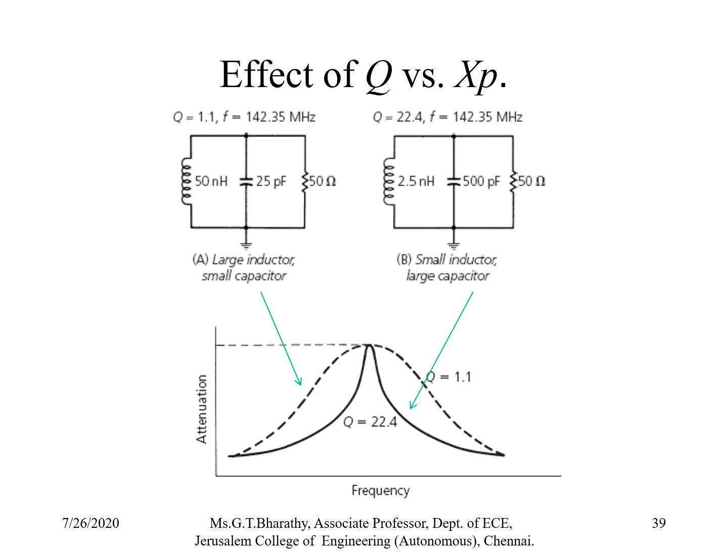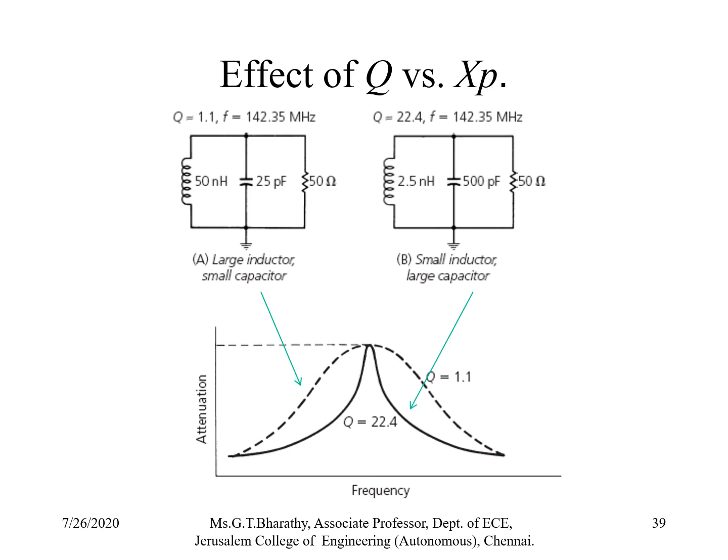So how can you increase the quality factor? If you decrease the inductor value and increase the capacitance value, you can have a better quality factor. For our case, when the inductor has a value of 2.5 nanohenry and the capacitor has a value of 500 picofarad, we achieve a quality factor of 22.4.